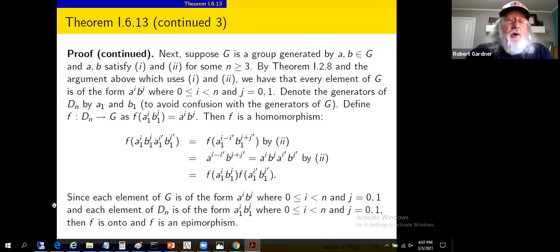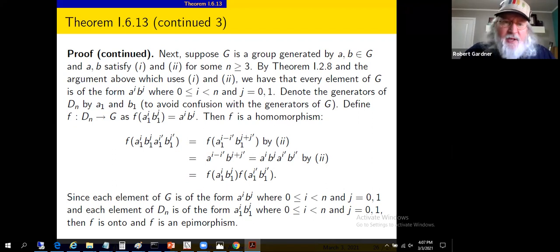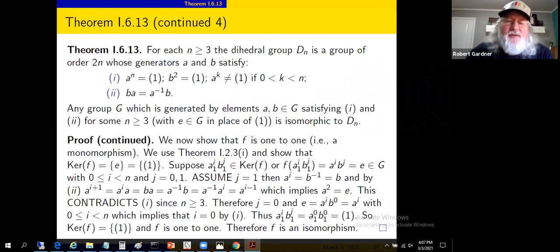So let's show that mapping is one-to-one. How would you like to show that mapping is one-to-one? A one-to-one homomorphism. Ooh, let's look at its kernel, as we've commonly done. So that's how it'll finish up. We show F is one-to-one. And so we'll have one-to-one, onto; we'll have a bijection.